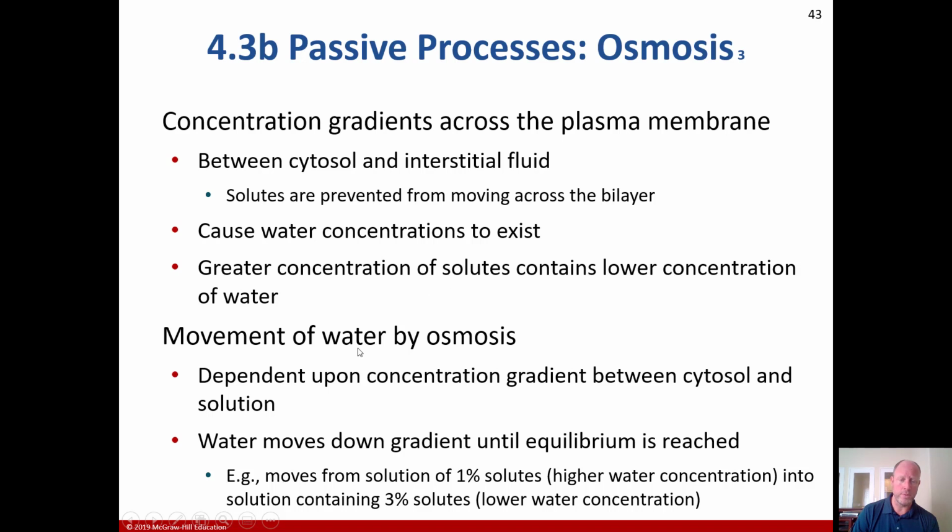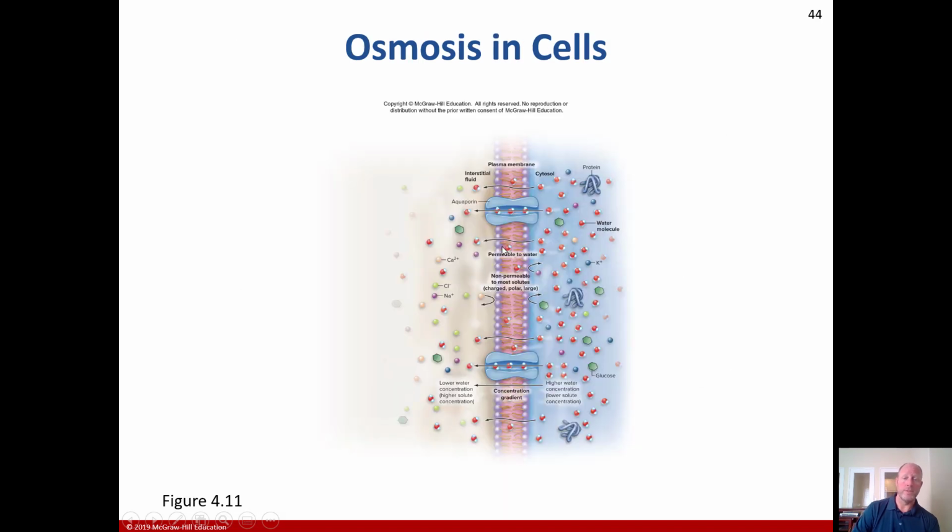The movement of water by osmosis depends on that concentration gradient between the cytosol and the solution. Water moves down the gradient until equilibrium is reached. It moves from a solution of 1% solutes into a solution containing about 3% solutes, okay? It's going from higher water concentration to lower water concentration, as opposed to lower to higher concentration of the solutes.